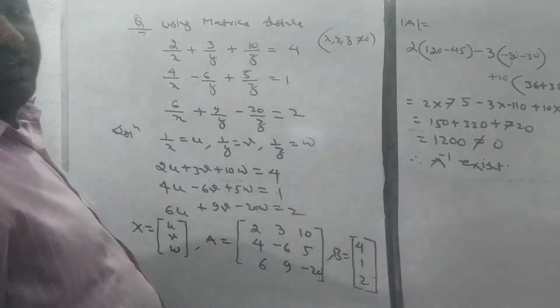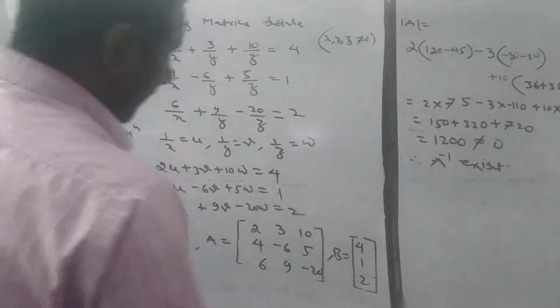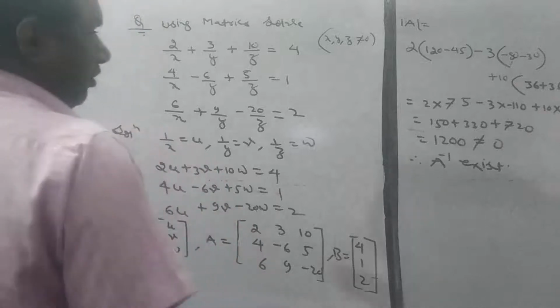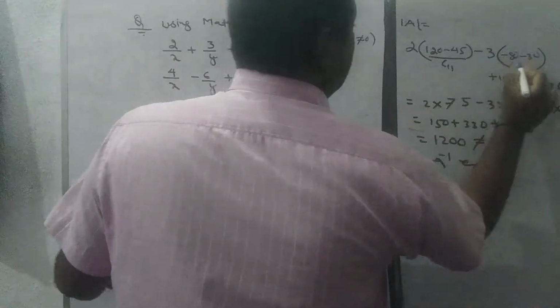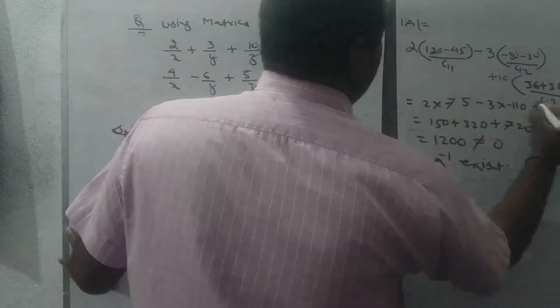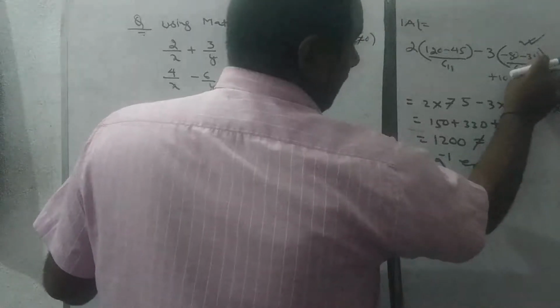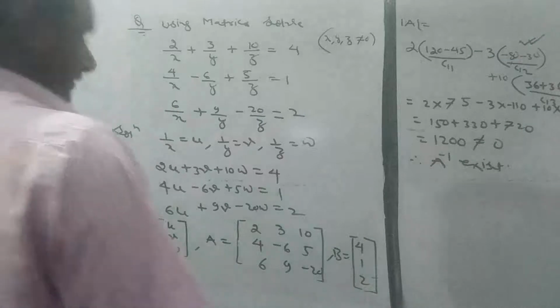Now our next step is to find the cofactor of A. This is C11, this is C12, this is C13. Since this is odd position, the sign of C12 is going to change.